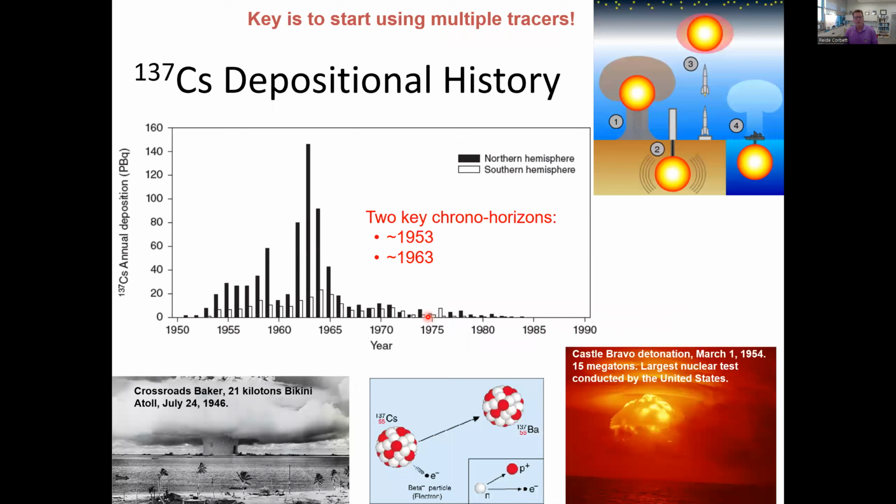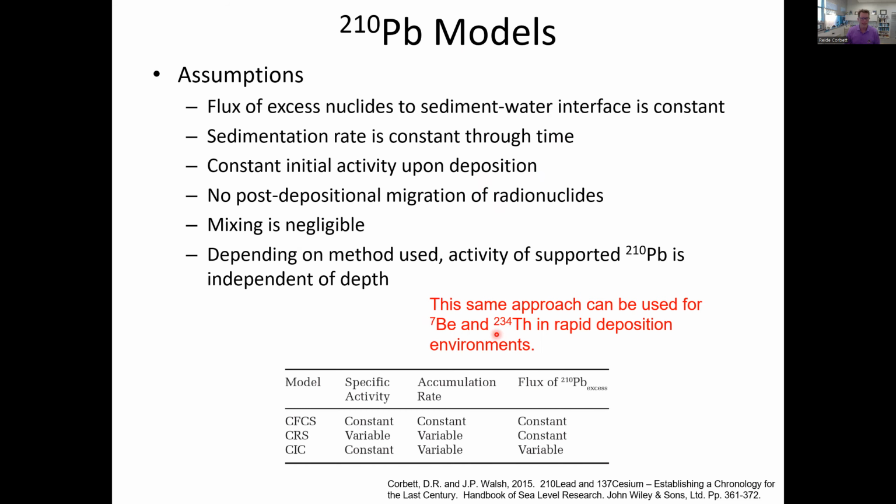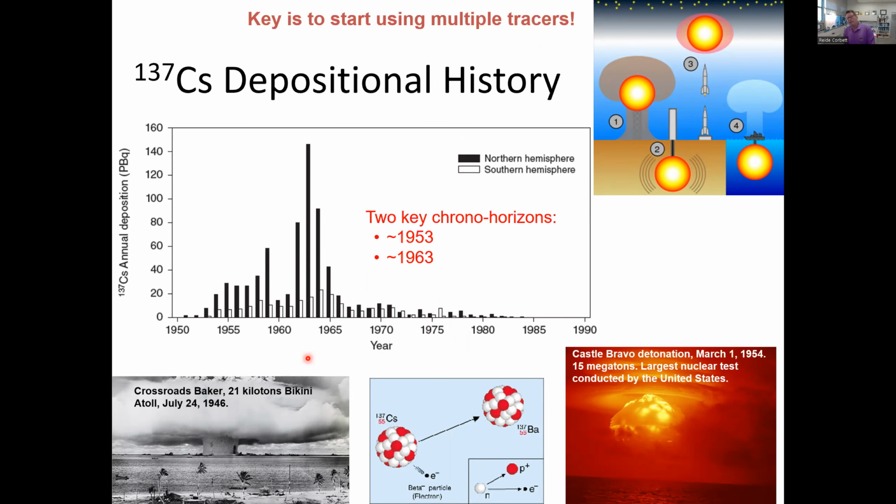But it's important to recognize, particularly when using lead-210, that mixing can play a role, right? So this assumption, one of the main assumptions, is that mixing is negligible to apply these models. Well, it's important when using lead-210 to have an independent chronometer, and often cesium-137 is used.